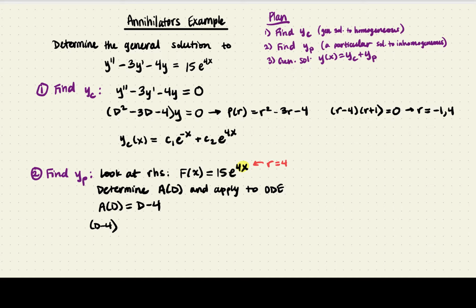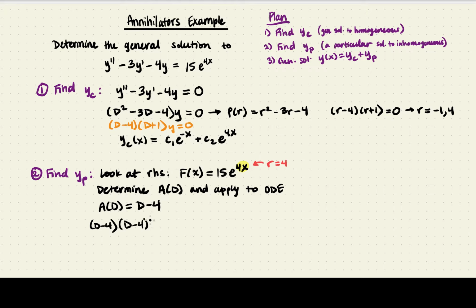And I'm going to write our original operator slightly differently. So if we go back to the operator we have up here for our homogeneous problem, we can factor that. So notice that it's actually D minus 4 times D plus 1. So that's the way I'm going to write it down here, just a note that we can factor that.